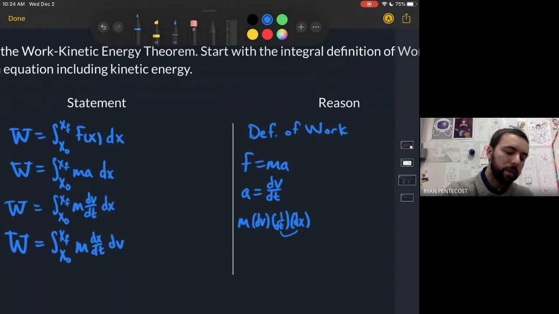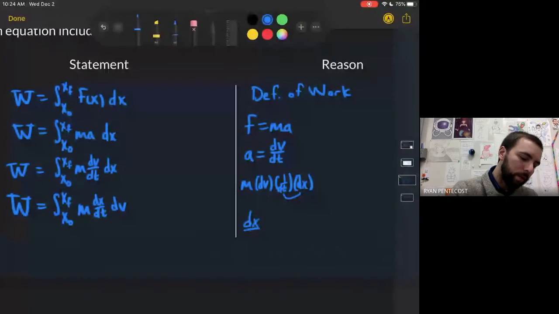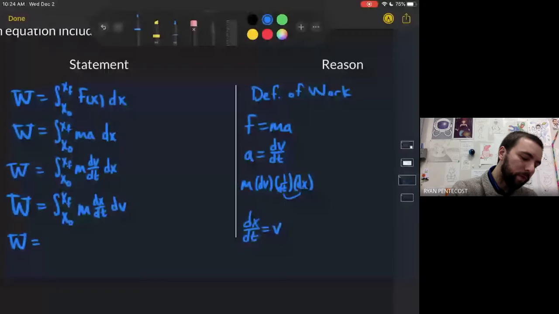Now there are so many d's in there that it gets kind of complicated, but what is dx over dt? dx over dt is velocity. So now we also have a dv in there. We need to change our bounds. That would be from v naught to v final of mv dv.